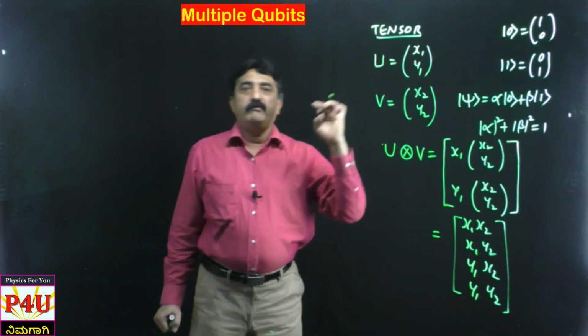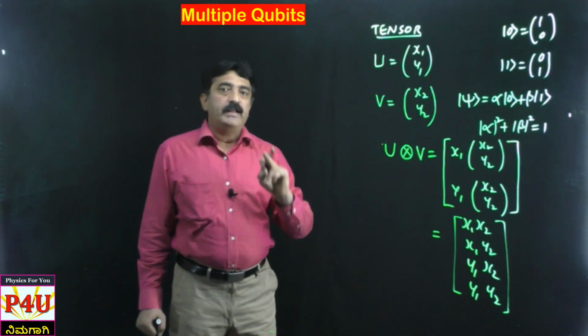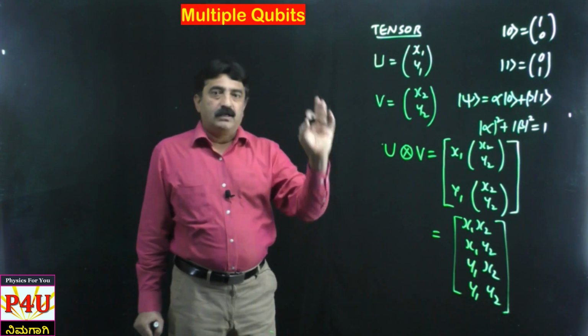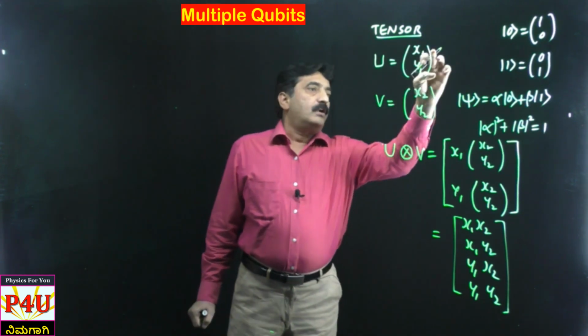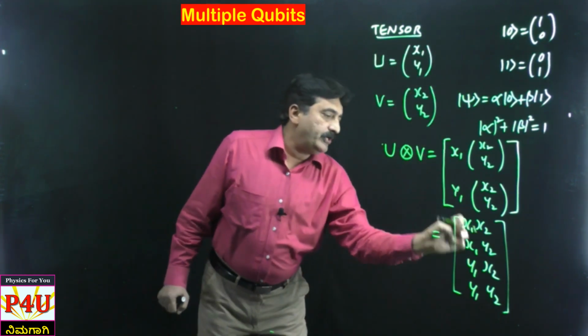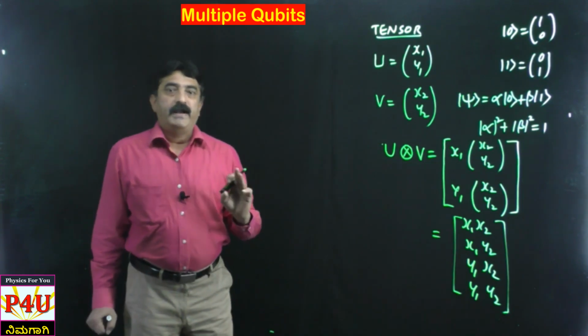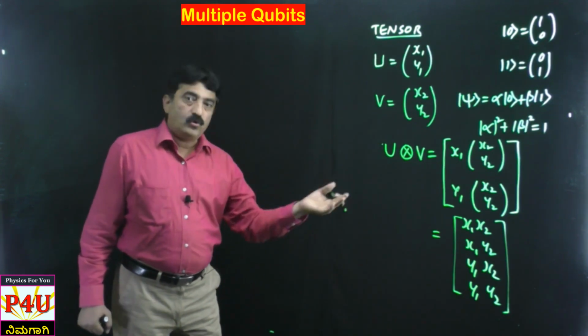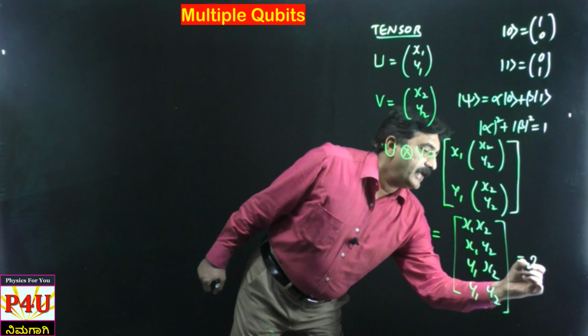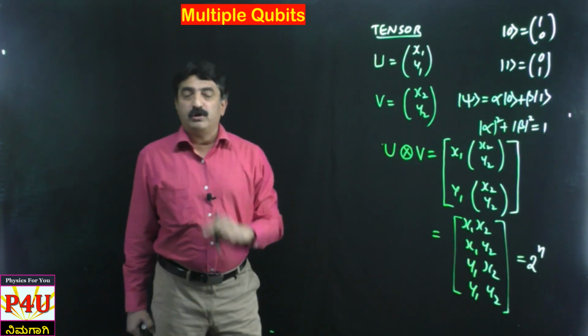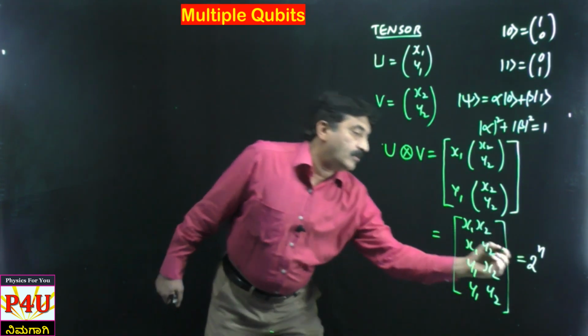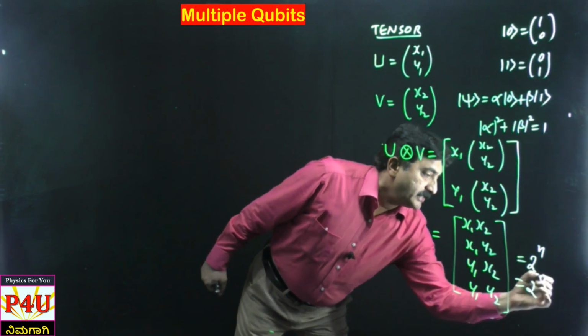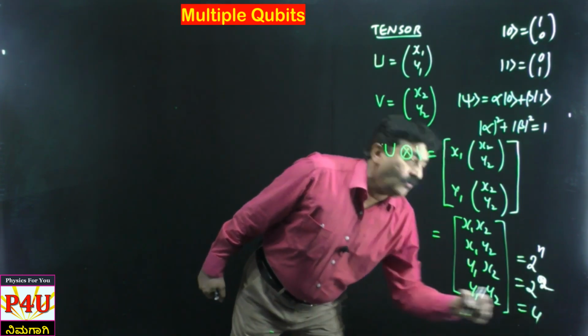Therefore all the column vectors will have only two elements. So if there are two elements and two vectors, I am going to get 4. How to write this? This can be written as 2 to the power of n, that is 2 to the power of 2, that is 4.